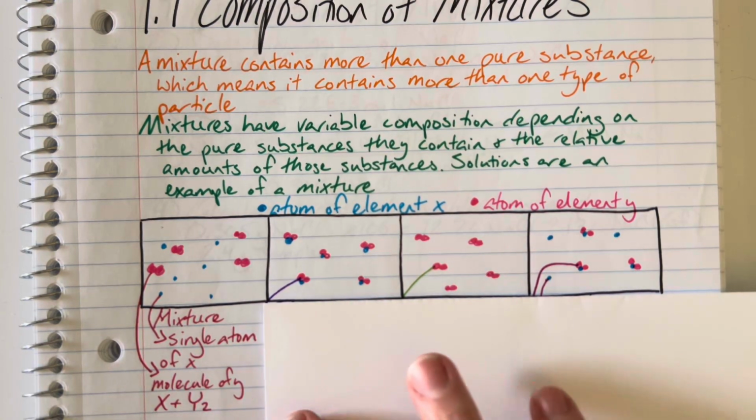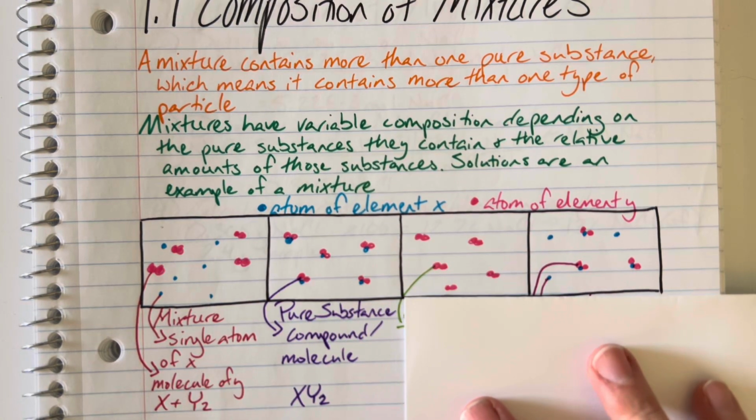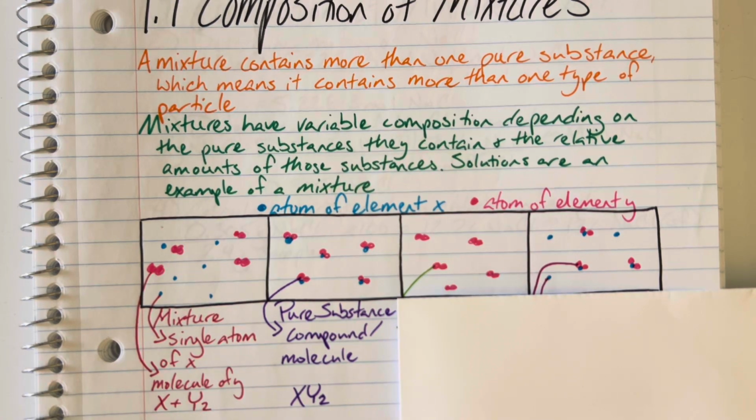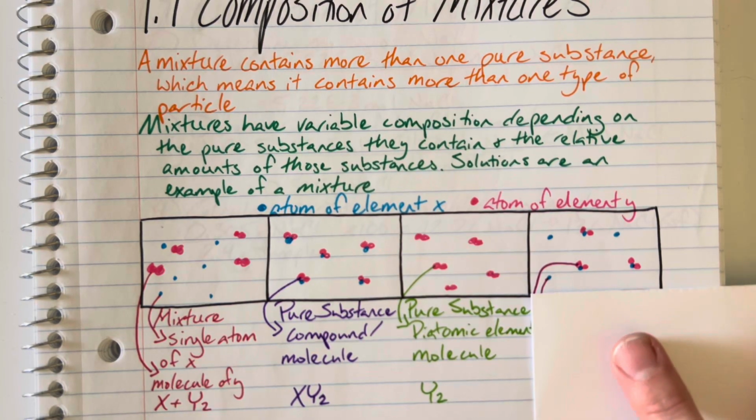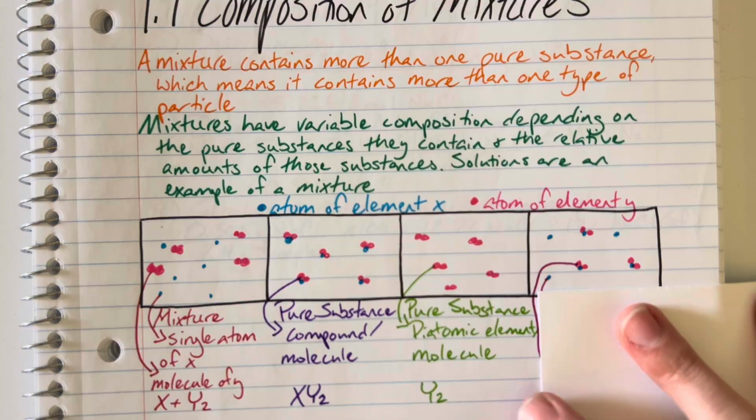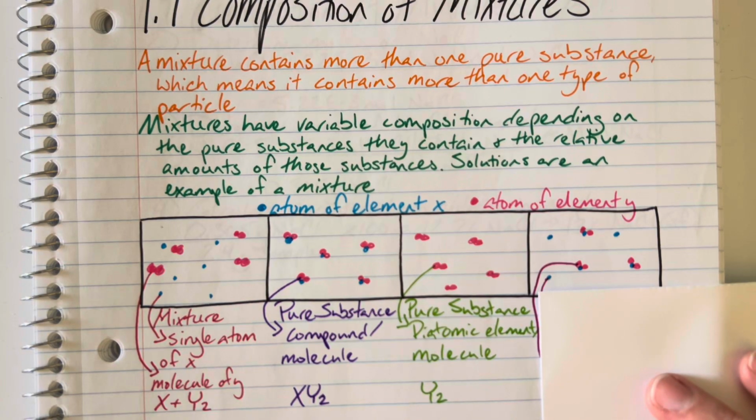For our second box here, this is going to be a pure substance. We only see compounds. They are the same compound throughout, and that compound's formula would be XY2. In the third box here, we have yet another pure substance. This pure substance is a diatomic element or molecule, and it is just Y2.